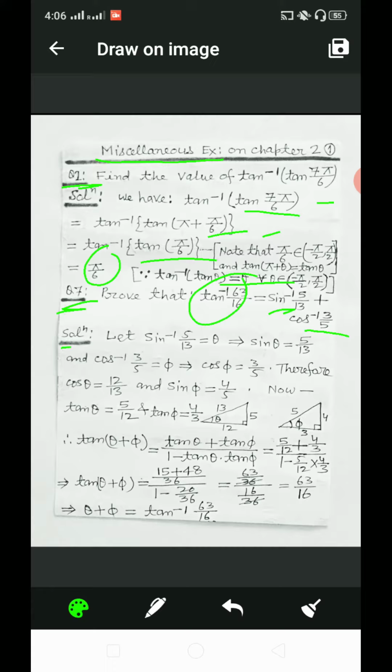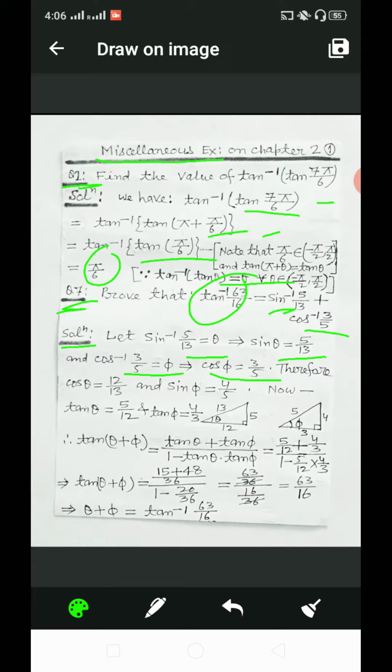For solution, let sin inverse 5 by 13 equal theta, which implies that sin theta is equal to 5 by 13, and cos inverse 3 by 5 is equal to phi. This implies that cos phi is equal to 3 by 5.